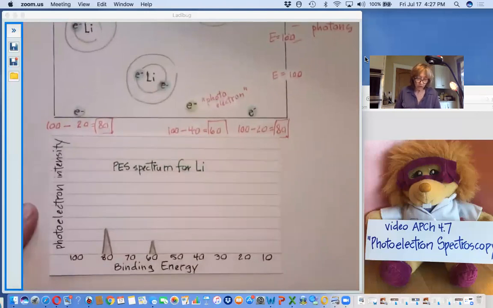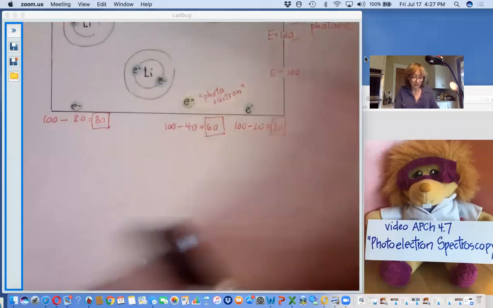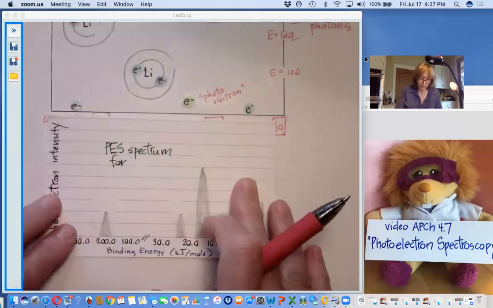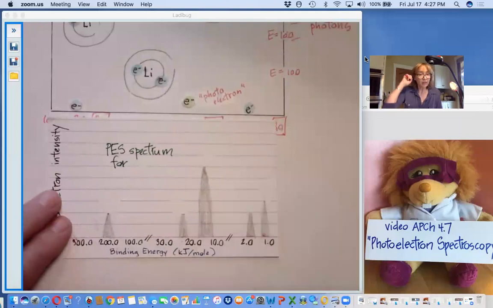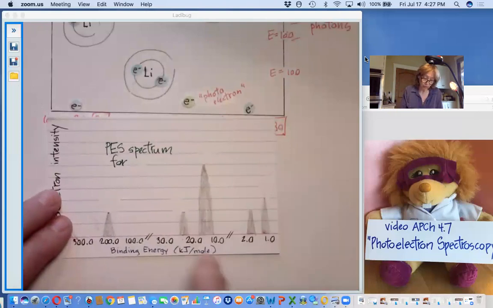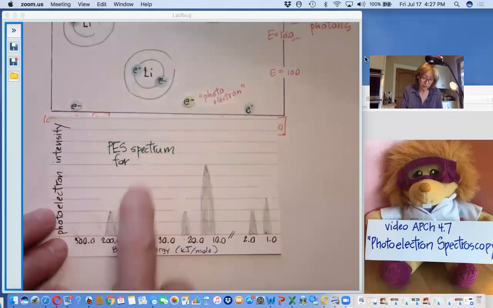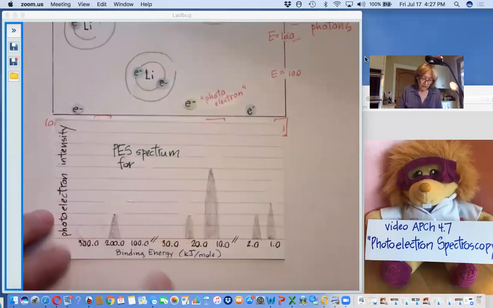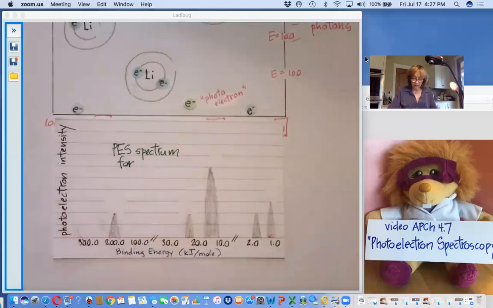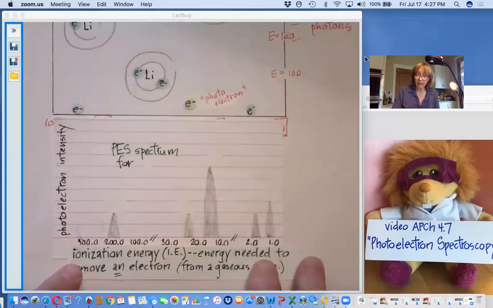Okay, let me show you a spectrum for another element, and I'm not going to tell you who it's for. This is one of the tasks that you all need to be able to do, is to interpret a PES spectrum and identify the element that it represents. All right, so here's binding energy, or it could also be labeled ionization energy.